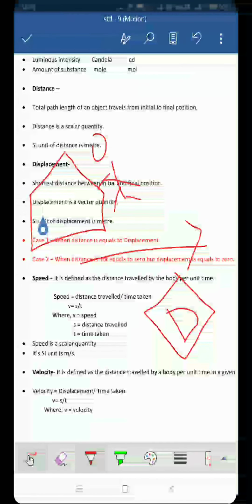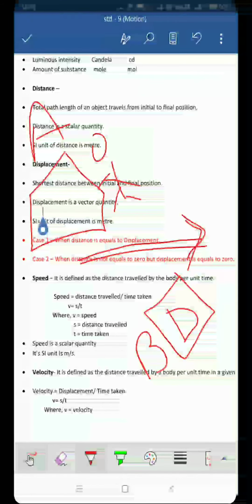So now in this case, what is your distance? This is the distance because this is the path followed by the boy. So take this position as A and this position as B, right? So here what is distance? Distance equals AB.